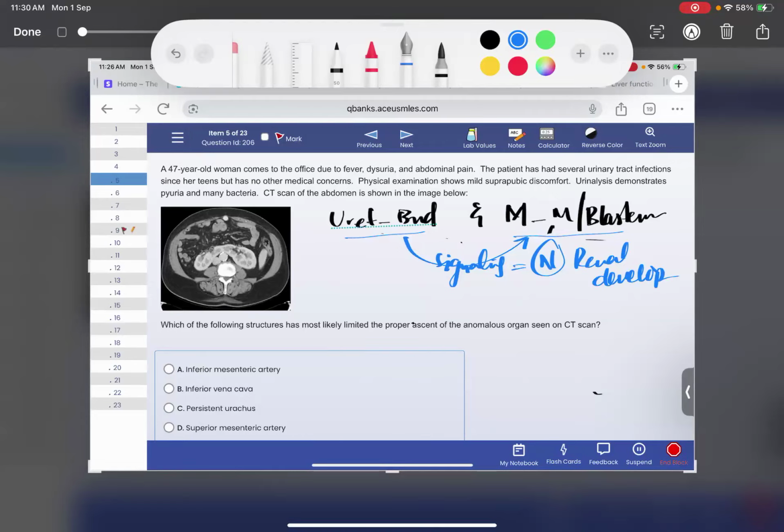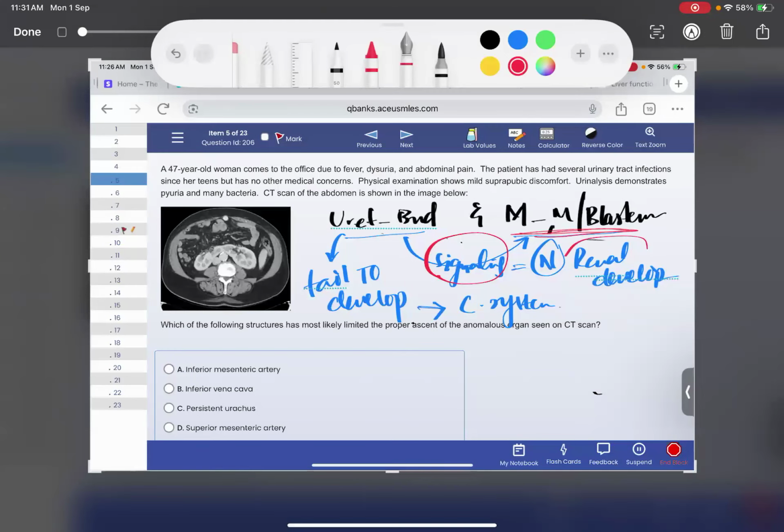If the ureteric bud fails to develop, we think that it will be affecting the collecting system, right? But actually, the important point here is signaling. Without this signal, the metanephric mesenchyme or blastema won't be able to develop a normal kidney.